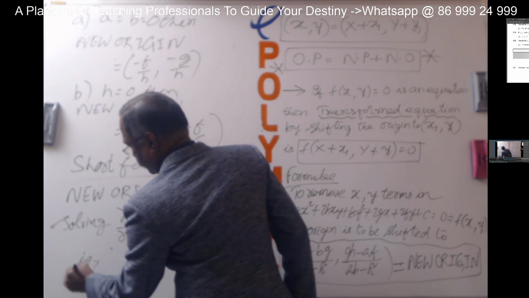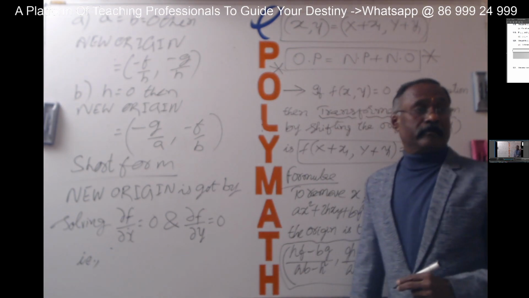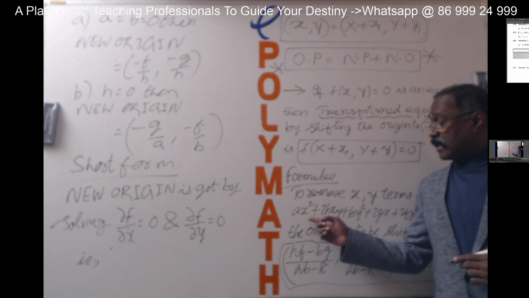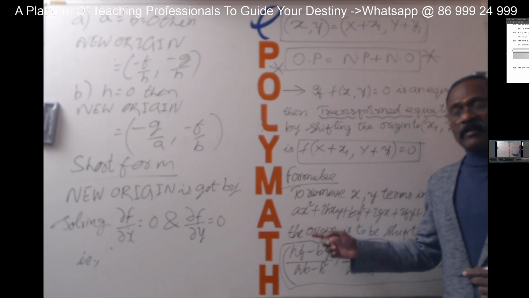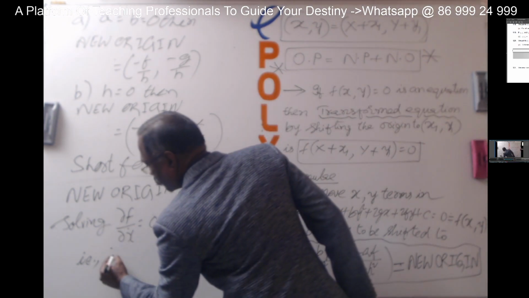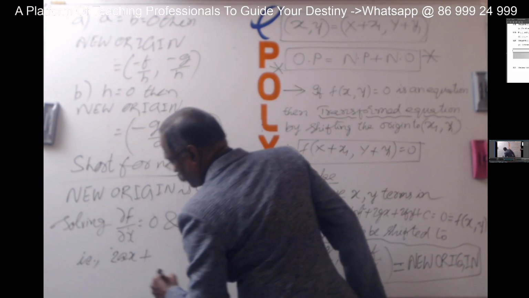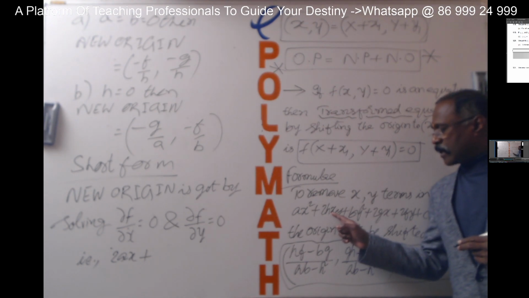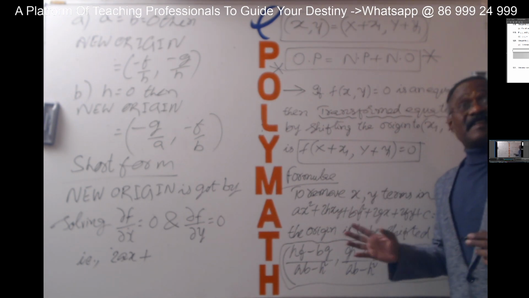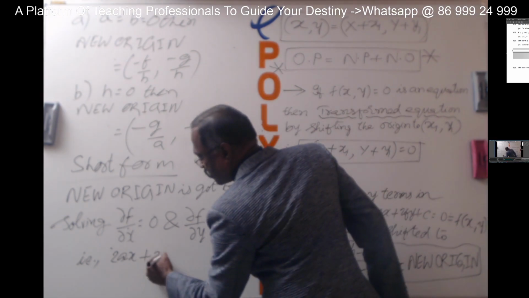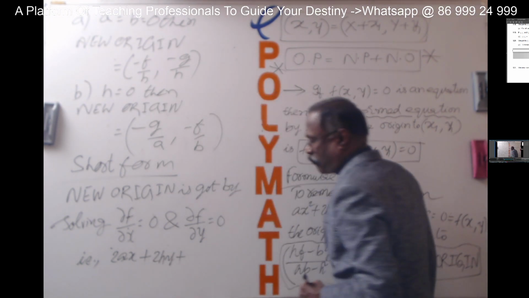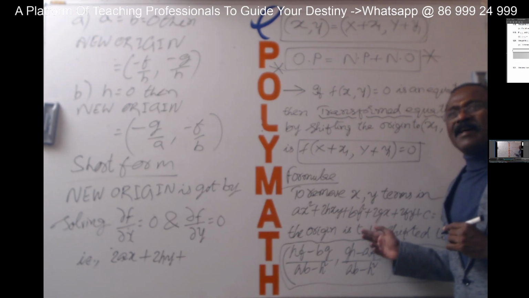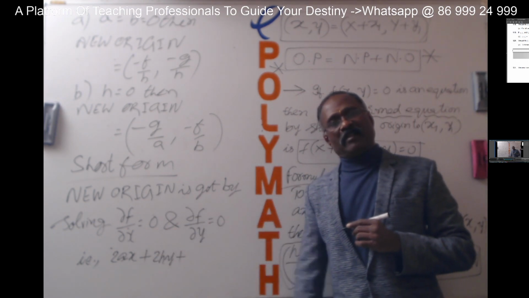I'm writing that. Dou f by dou x: we are differentiating with respect to x, so x square derivative is 2x, so that becomes 2ax, plus 2hxy, x derivative 1 and y is constant, so 2hy remains, plus by square becomes 0 because y is treated as constant when you are partially differentiating with respect to x.